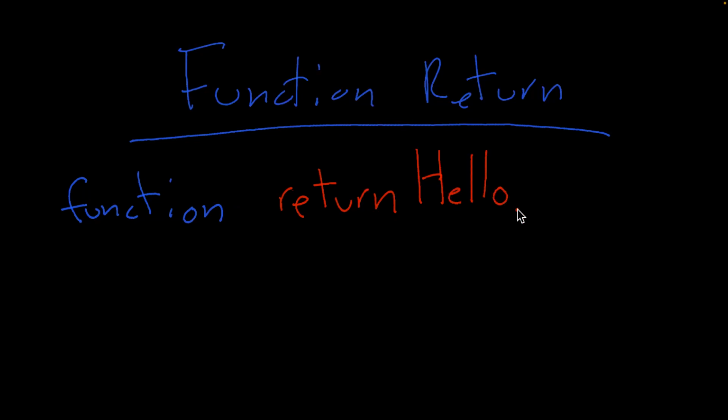Okay, this is our function, return hello. Right? So we are going to make a function without parameters. We don't need to make this one have parameters. I just want to show you what a return does.